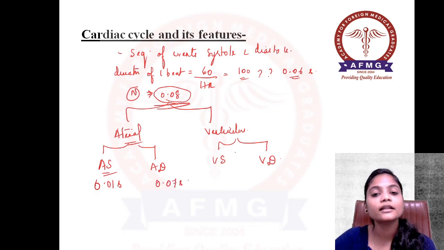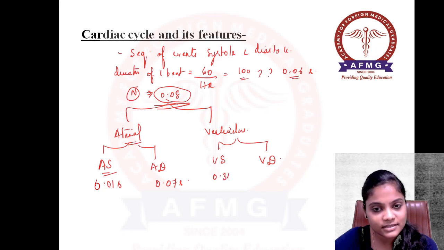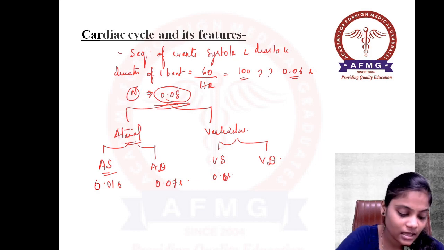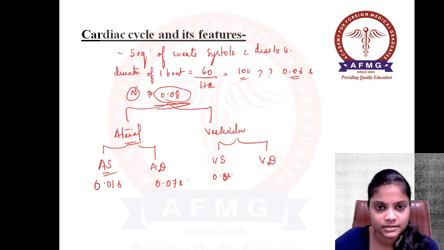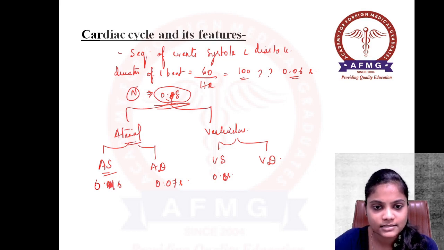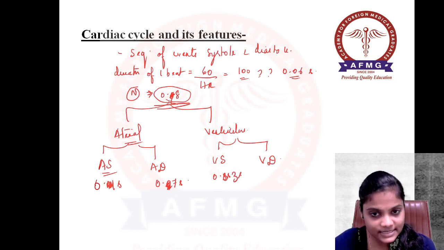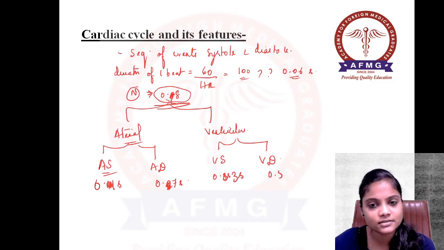Please remember. Ventricular systole is 0.3 seconds and ventricular diastole is 0.5 seconds.